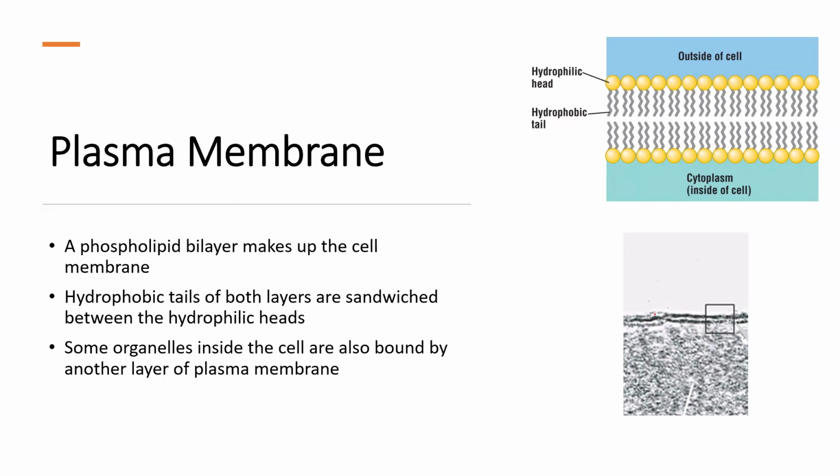So it's not a single layer, it's a double layer. I should point out that the cell membrane is not just on the surface of the cell. Several organelles that we will be learning are also made up of the same material. So you have some membrane inside the cell as well. Okay.